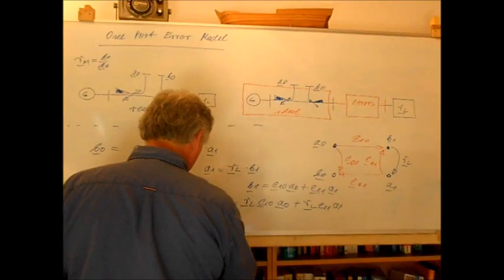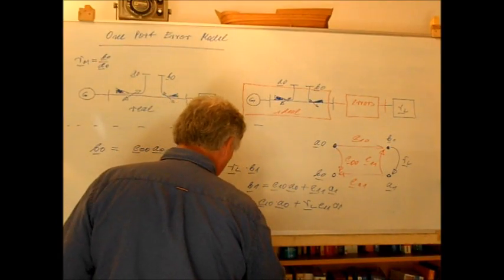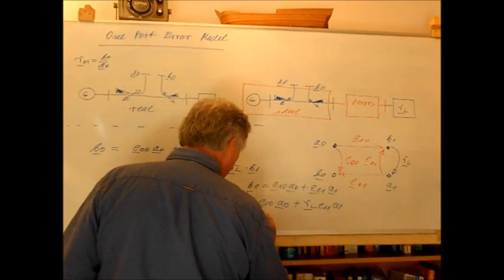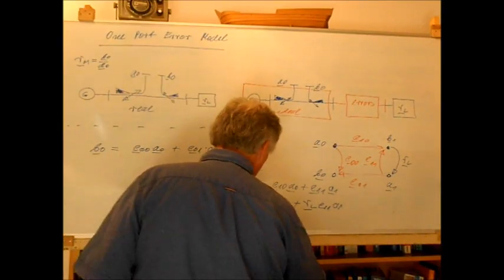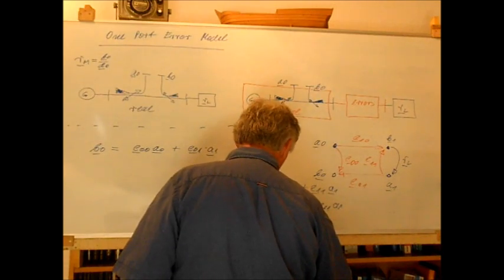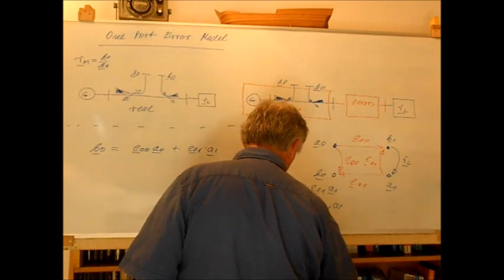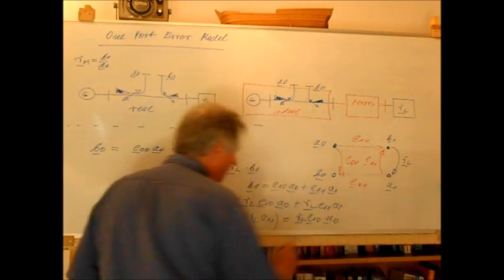On the other side we get A1 times (1 minus RL times E11) will be equal to RL times E10 times A0.